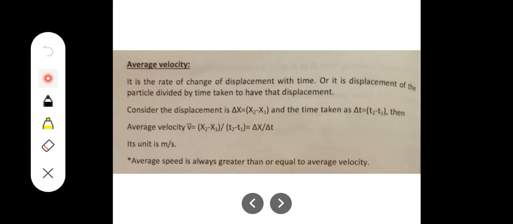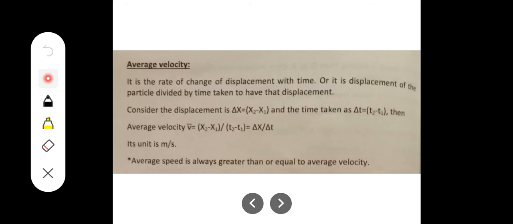The average speed is always greater than or equal to the average velocity. Just remember this. Why is it so? You know the relation between displacement and distance: distance is always greater than or equal to displacement.